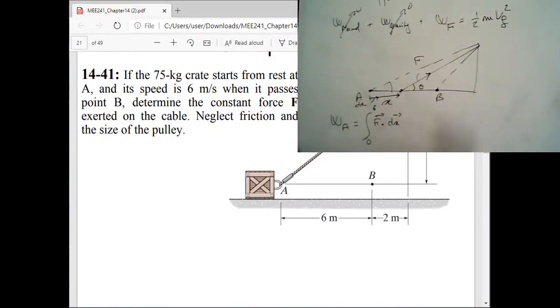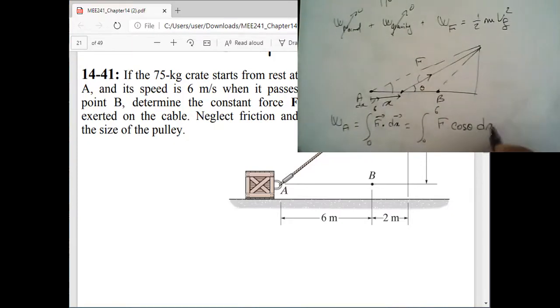So F dot dx is the integral from 0 to 6 of F times cosine theta dx. Basically you are projecting the force F on this axis. The dot product returns the magnitude of F times the cosine of the angle between these two vectors, which is theta, times dx.